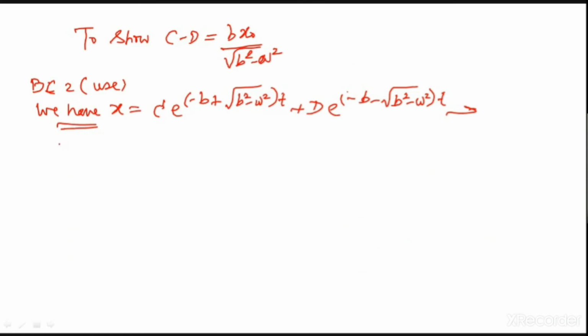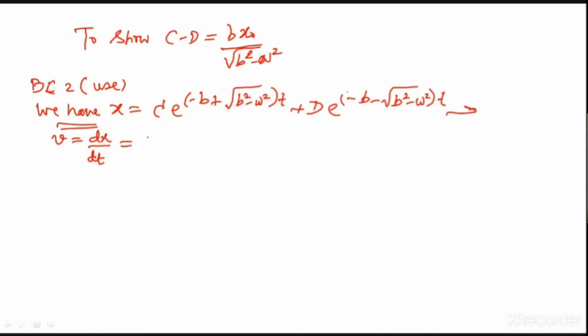What I do is differentiate with respect to time. So dx by dt is velocity. This rate of change of displacement is velocity. Therefore, v is equal to dx by dt. So differentiate this with respect to time t.